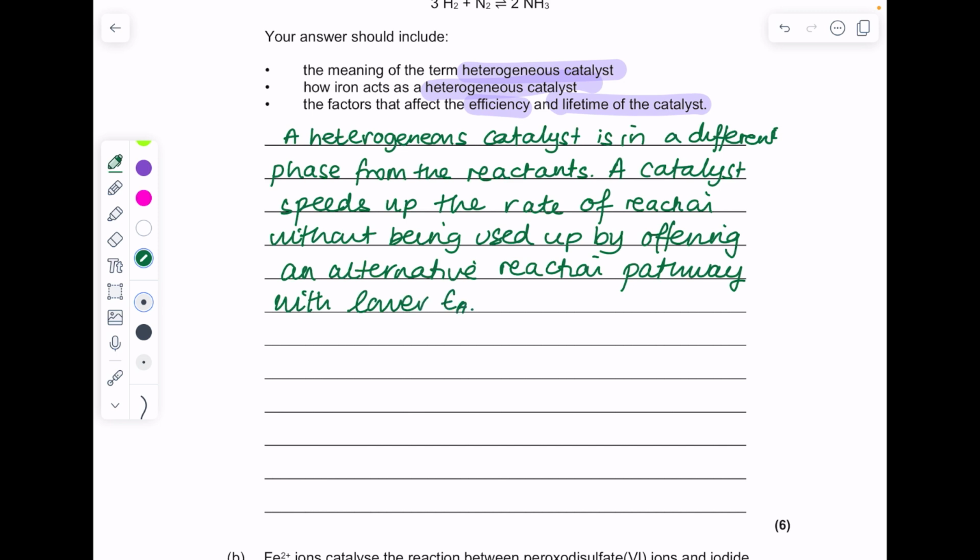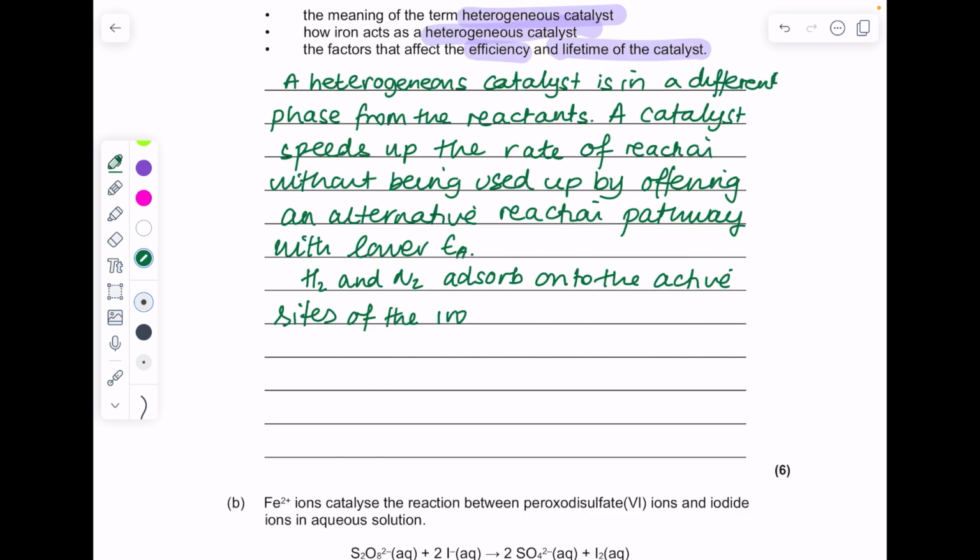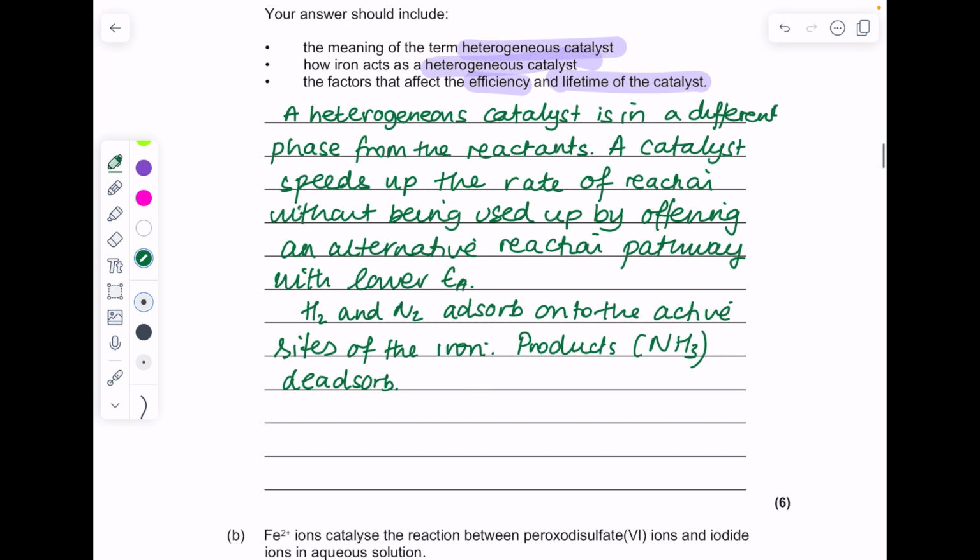So how does iron act as a heterogeneous catalyst? Well, remember that the hydrogen and nitrogen involved in the Haber process adsorb onto the active sites of the iron. The products, which is the ammonia, desorb. And then what factors affect the efficiency and lifetime of the catalyst?